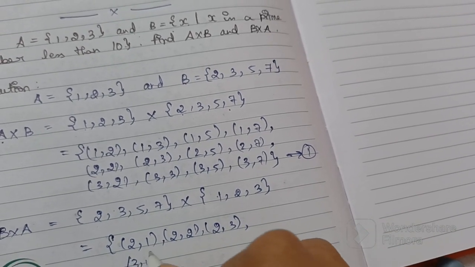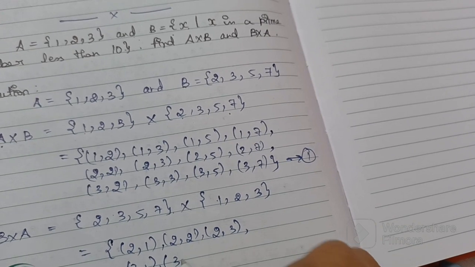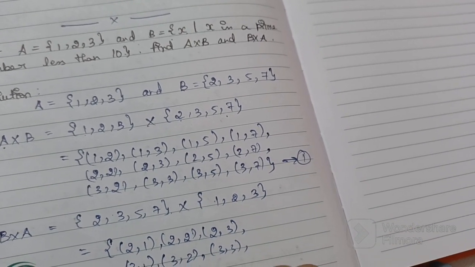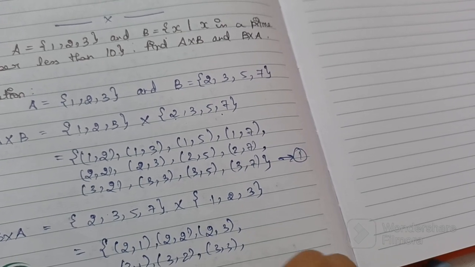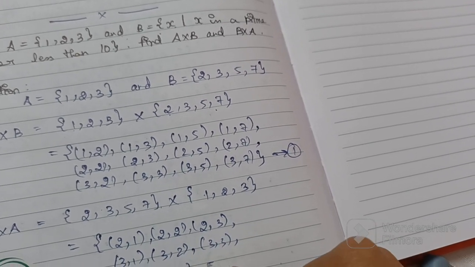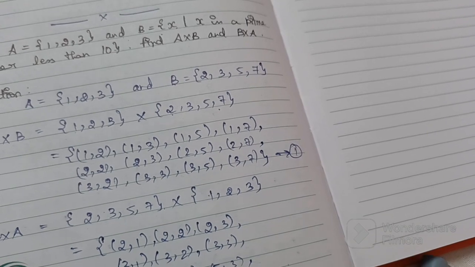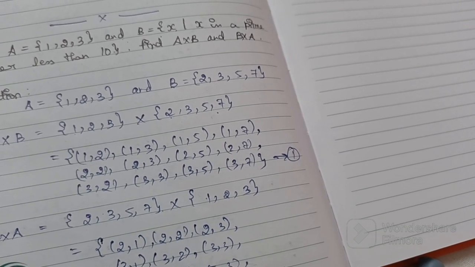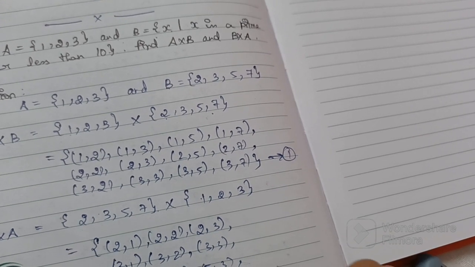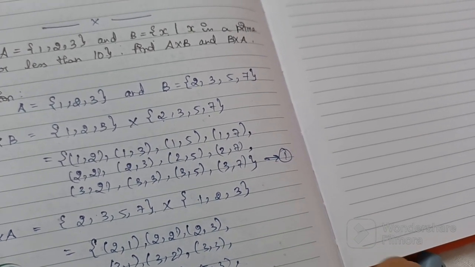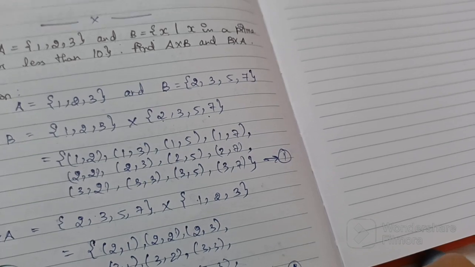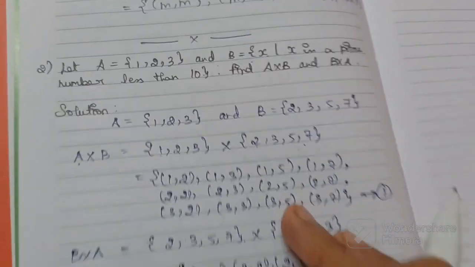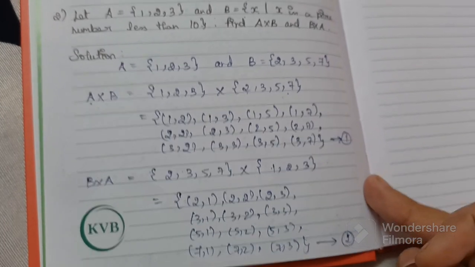Next for 3: 3, 1; 3, 2; 3, 3. Next for 5: 5, 1; 5, 2; 5, 3. Finally for 7: 7, 1; 7, 2; 7, 3. So this would be the answer for A cross B and B cross A. This would be your solution set.